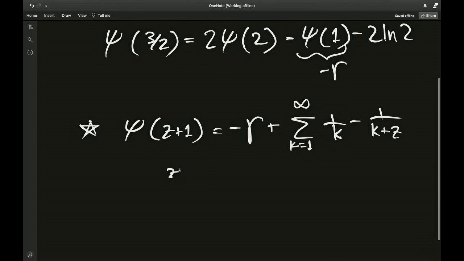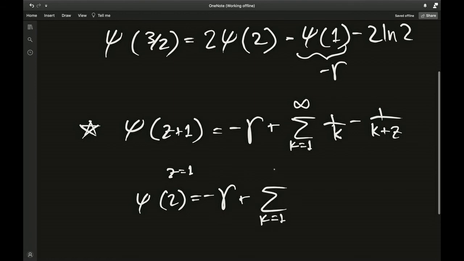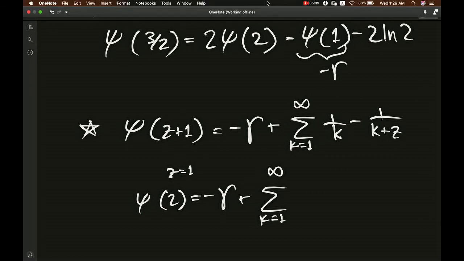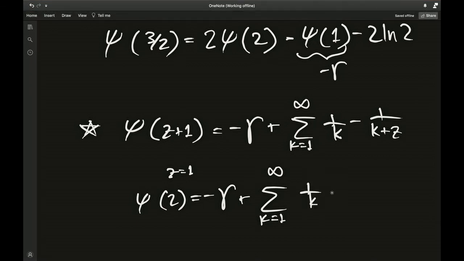So if you take z as 1 over here, digamma of 2 is nothing but negative Euler-Mascheroni plus sum from k equals 1 to infinity of 1 over k minus 1 over k plus 1.